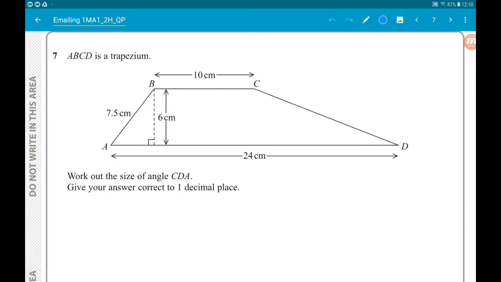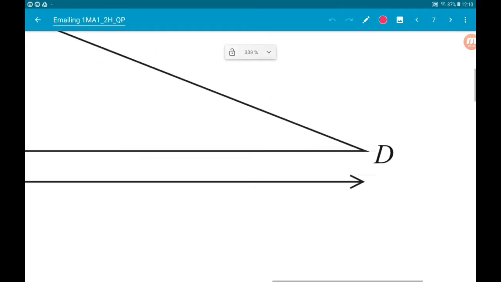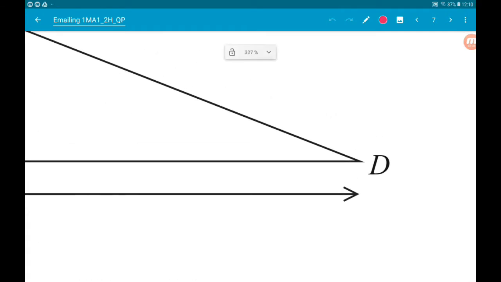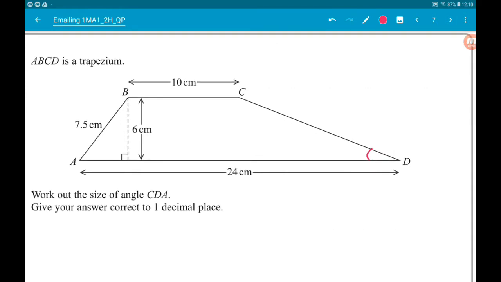Okay, so 5 marks. First of all then, let's work out what we are trying to work out. So, angle CDA is this guy down here. Now then, how are we going to do that? Well, so we have this trapezium, we know the height.